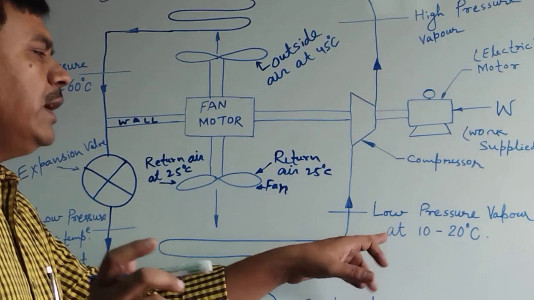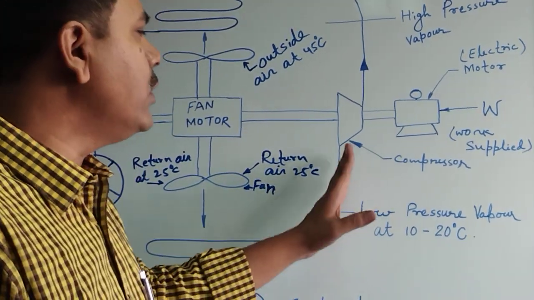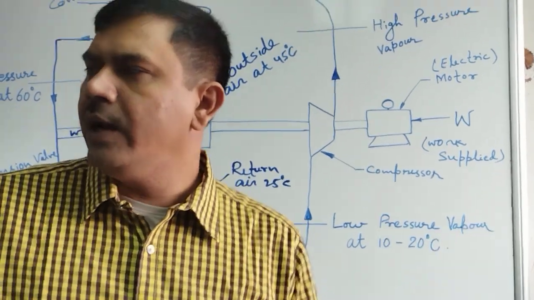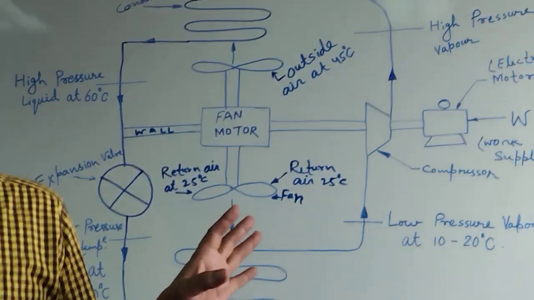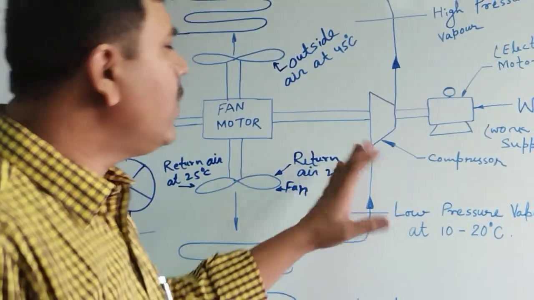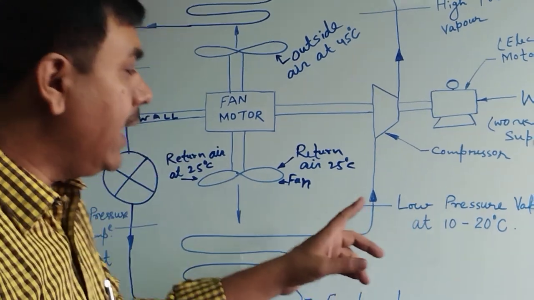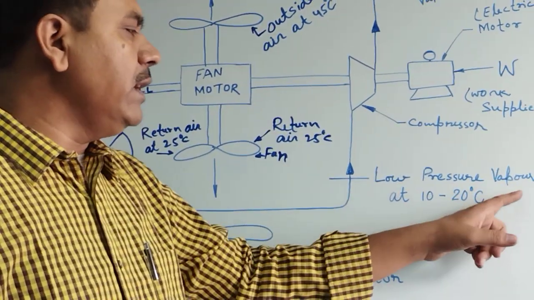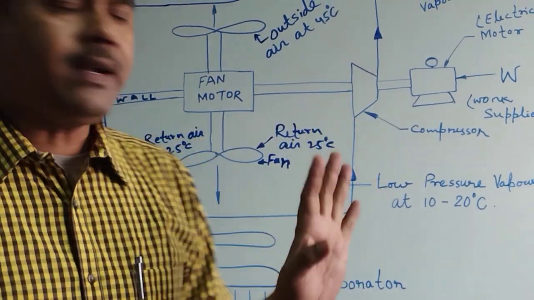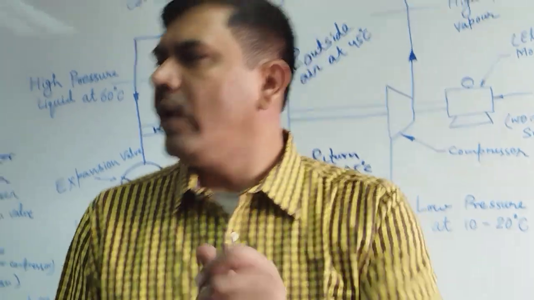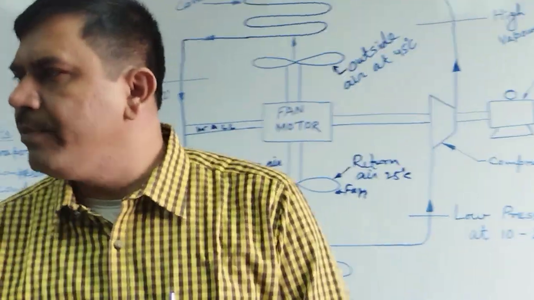If the liquid refrigerant goes to the compressor, it will work only a short time and fail within 6 months to 1 year. If the refrigerant is in the vapor stage, the compressor can work 10 years, but its pressure is low, about 1 bar or below 1 bar.